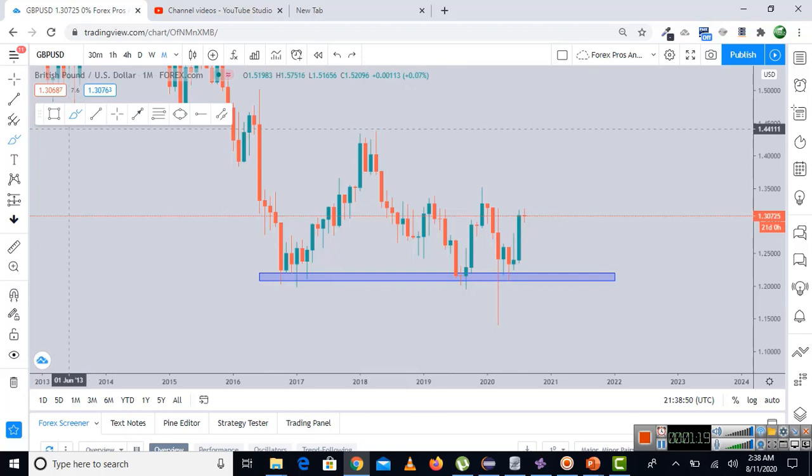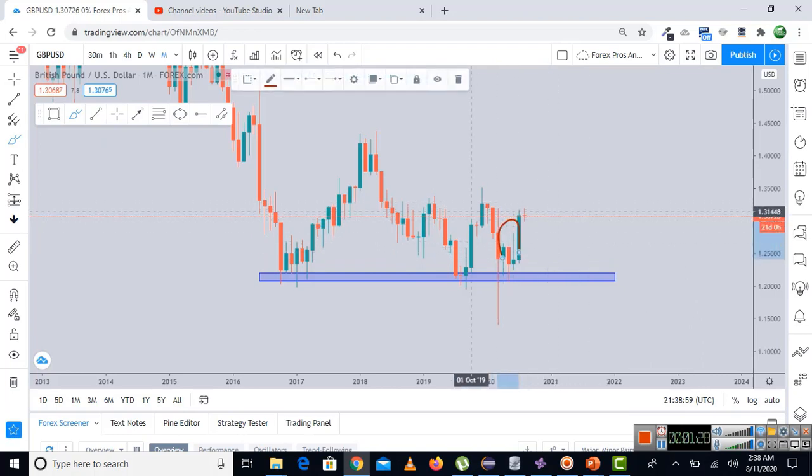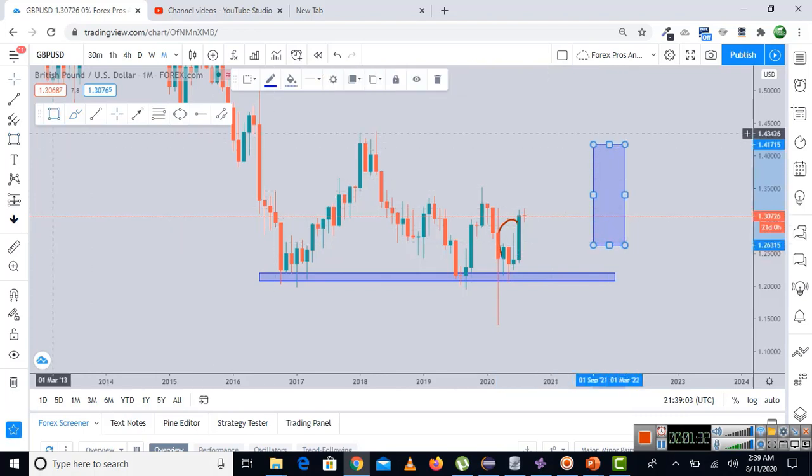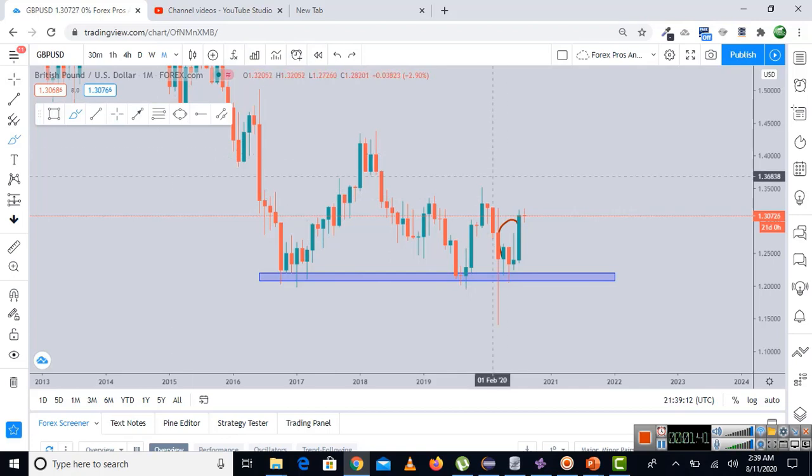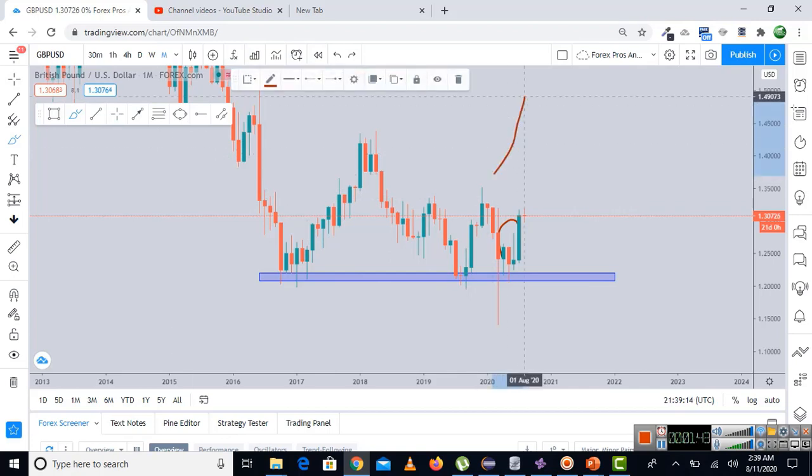Another key concept which I have discussed almost 1,000 times in my past analysis is this: whenever the market makes a candle with this kind of tail, what do we mean by this kind of tail? I mean that whenever the market makes a candle with a long tail, it means that on the shorter time period the market has broken above a structural resistance, and after the breakout the market has retested, made a correction, and then it will be moving in the upward direction.